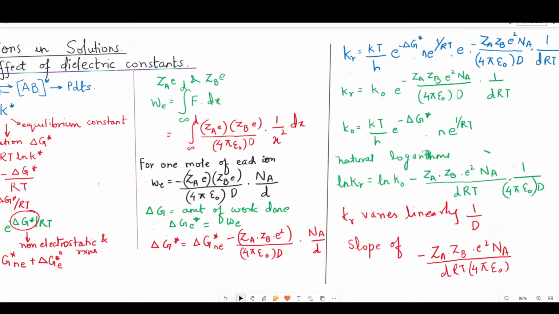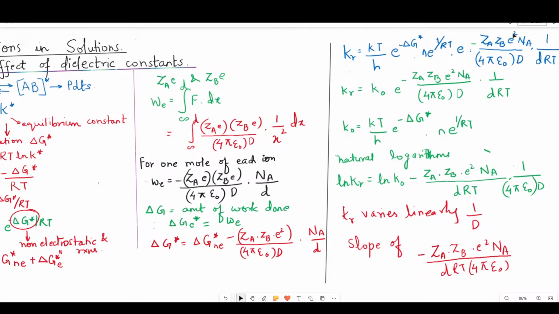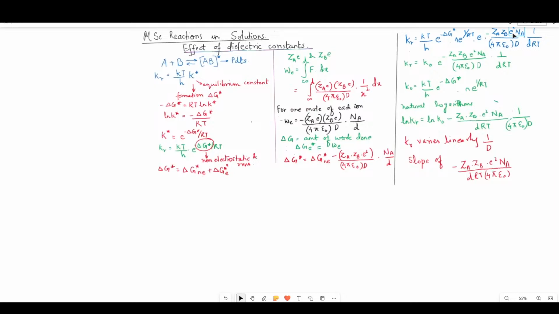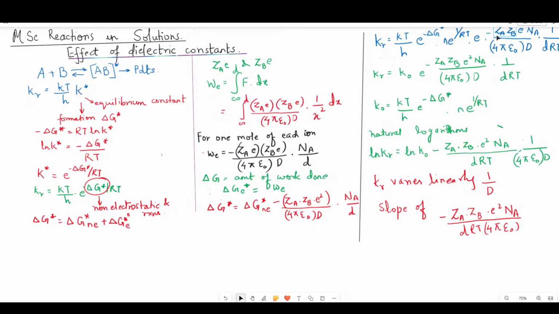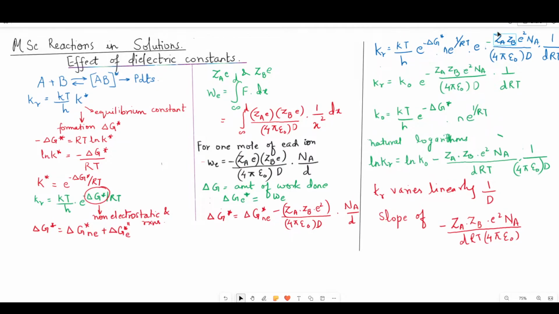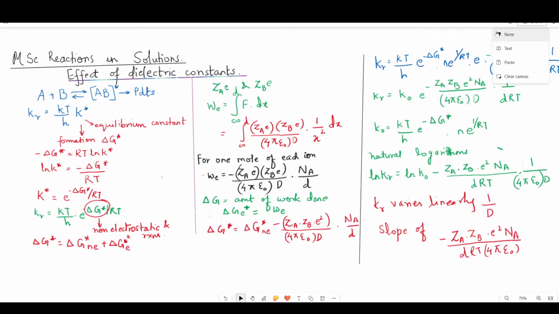So that was it for effect of dielectric constant. You start with the reaction A plus B going to the intermediate, which in turn slowly goes to the product side.